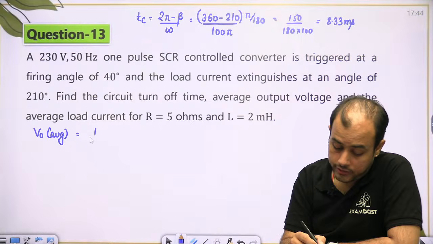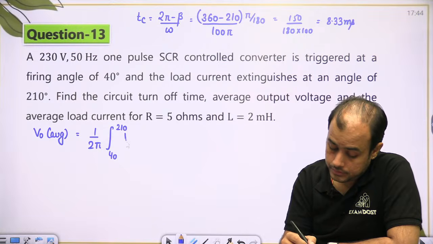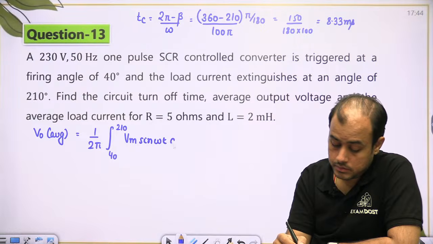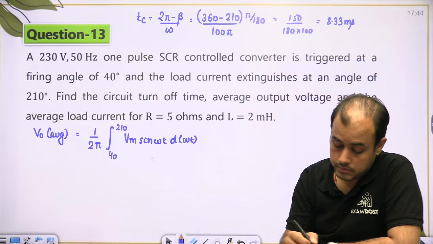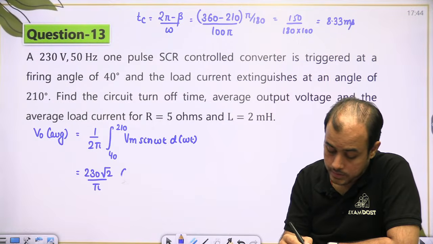V naught average. Now beta, you have to go by basic. Integration of sine is minus cos.